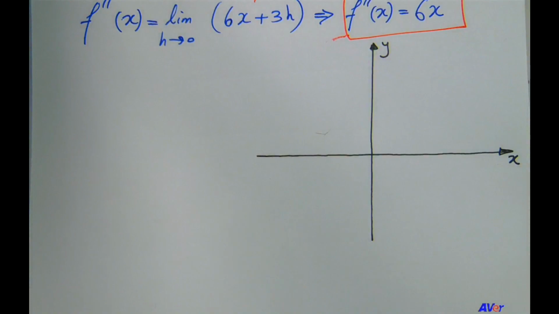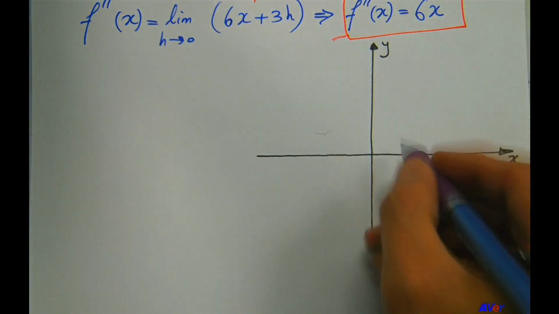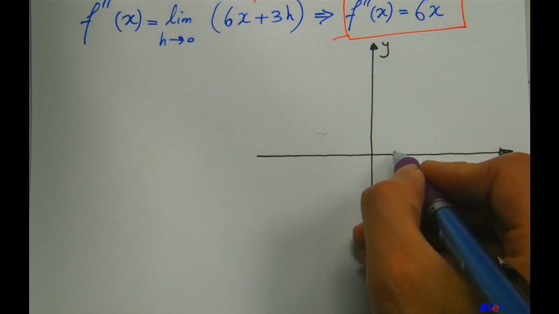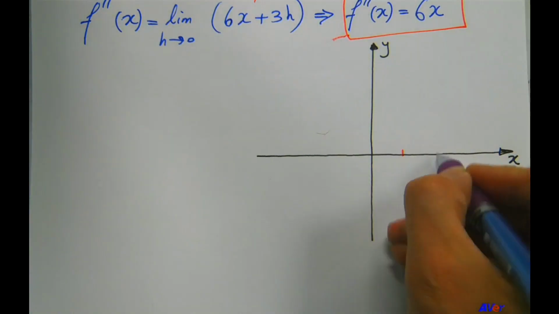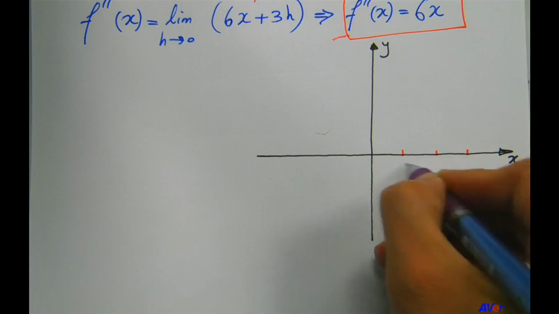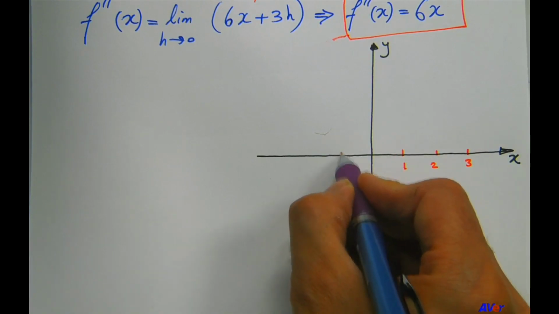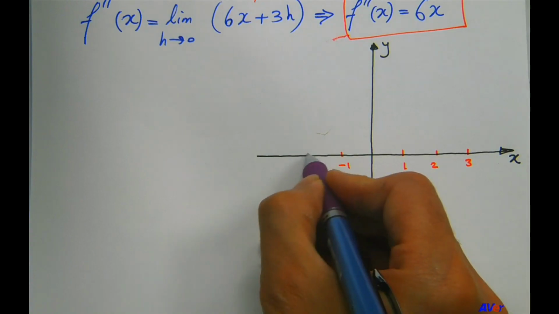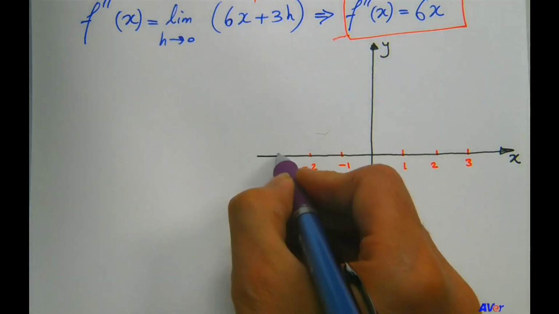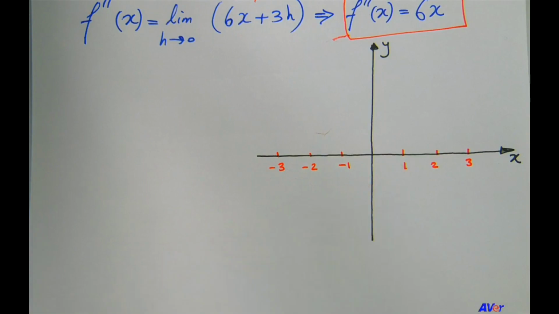Like that. I want to increment these axes to, let's say, three increments, 1, 2, and 3. Same thing on this side, -1, -2, and -3.